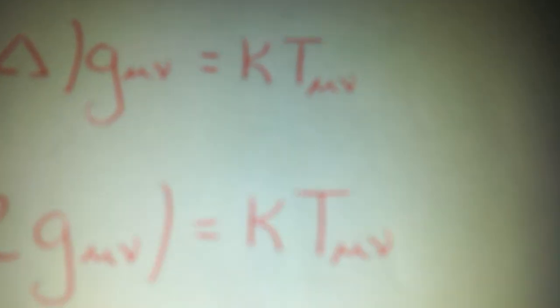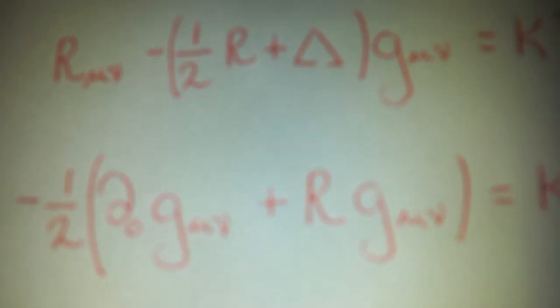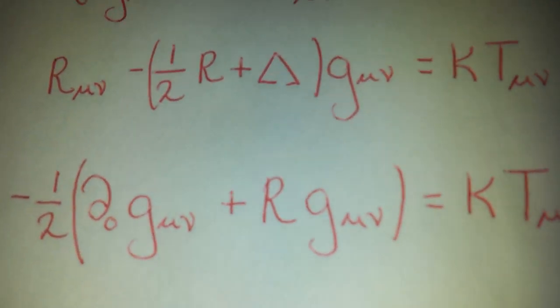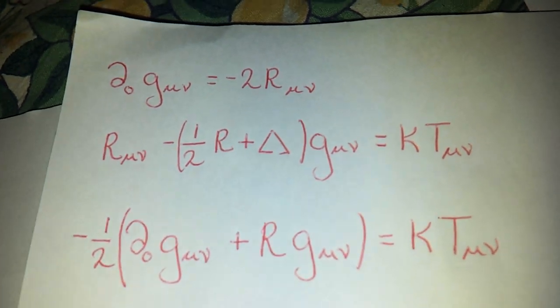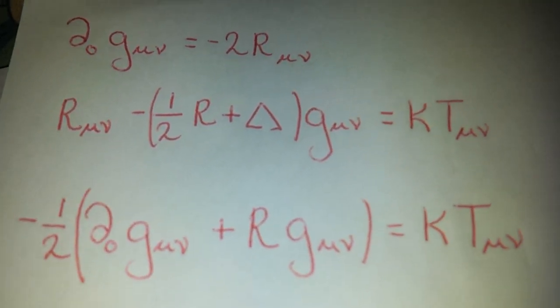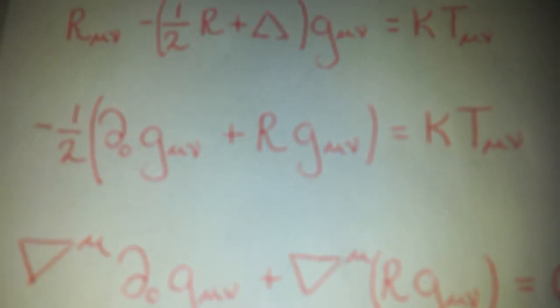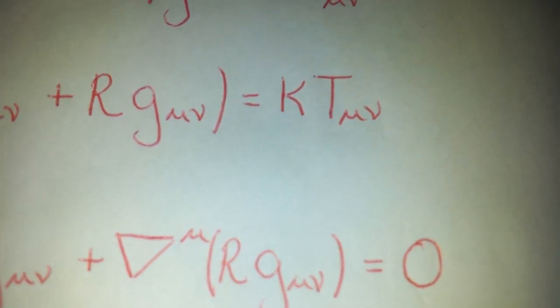So if this side here has a covariant derivative, I think it's contracted with mu, that equals 0, then the laws of physics are preserved. All the laws of physics are there. Taking the covariant derivative of both sides gives us this, and it's equal to 0.